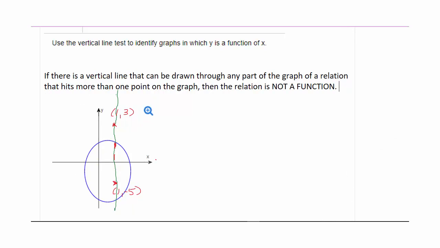So that gives you a really quick way to check.